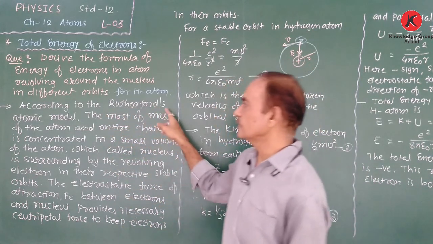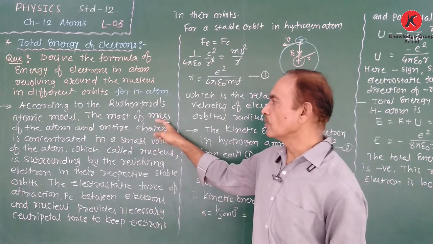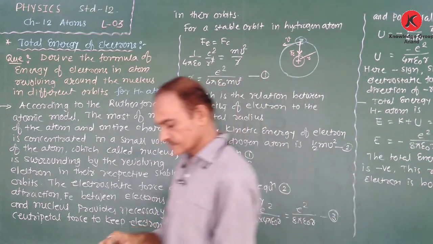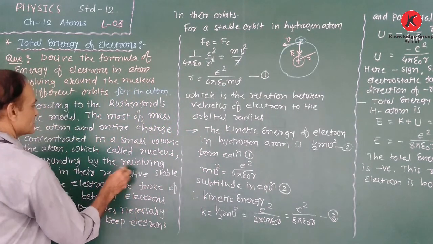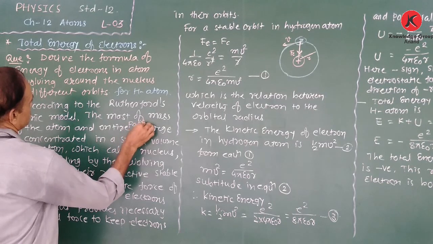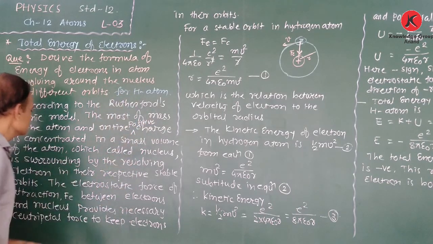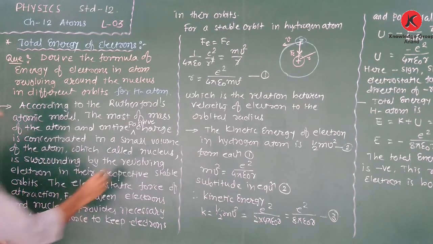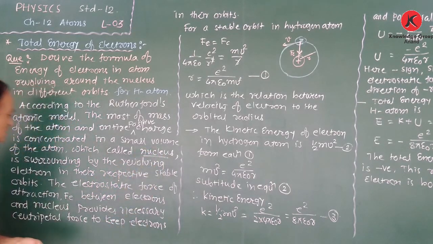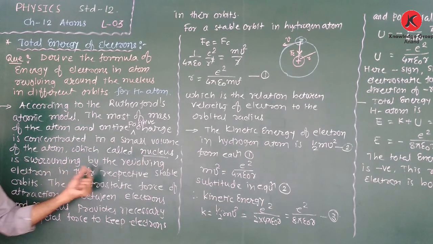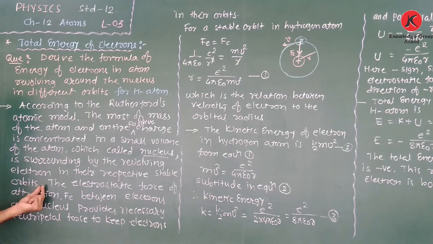Again, according to the Rutherford atomic model, most of the mass of the atom and the entire positive charge is concentrated in a small volume, which is called the nucleus. This nucleus is surrounded by electrons revolving in their respective stable orbits.